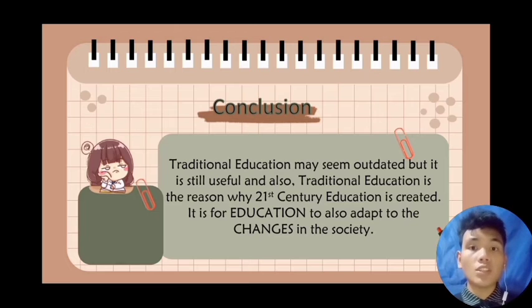Traditional education provided the blueprint for the 21st century education to follow, in which it gives the details on which part or field the 21st century education must give importance. Traditional education sets out the foundation of education for 21st century education to follow and improve, giving birth to the new literacies that are perfect in this new era.